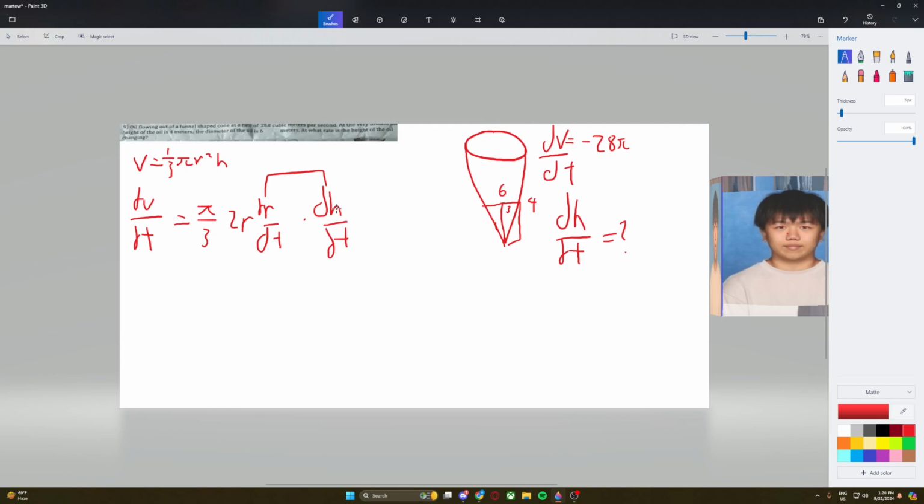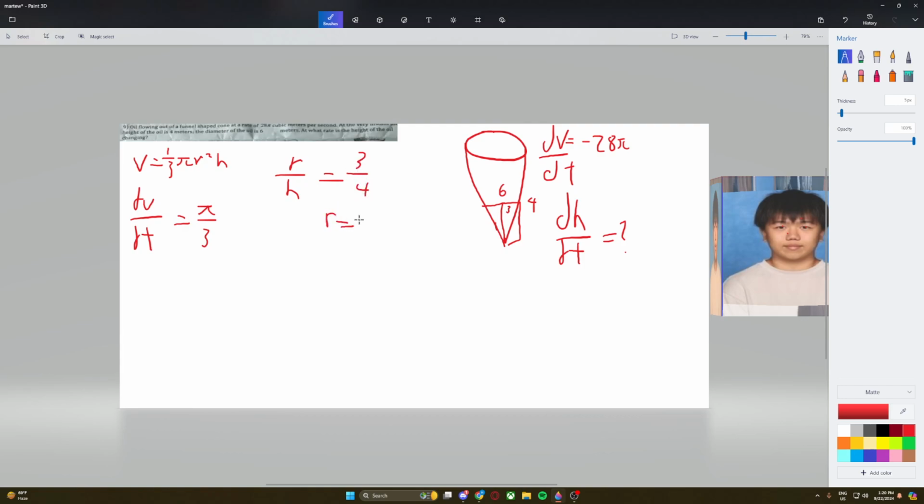so what we're gonna do instead is find how much of R is H. We're given a ratio: R over H equals 3 over 4.